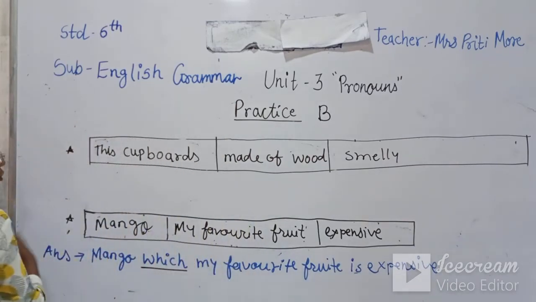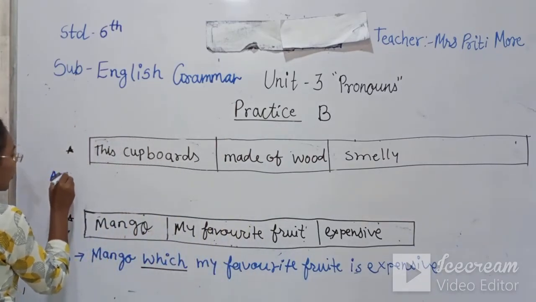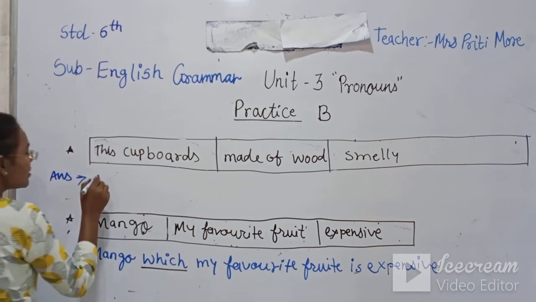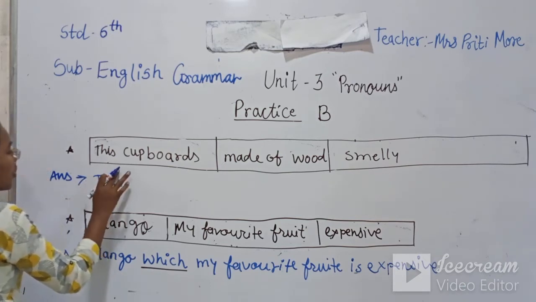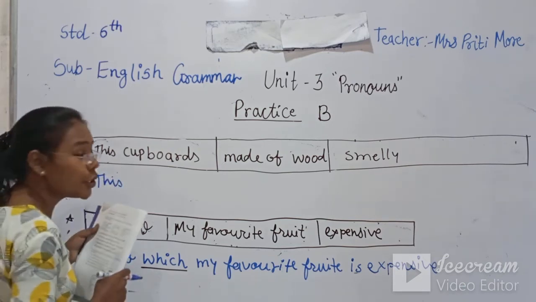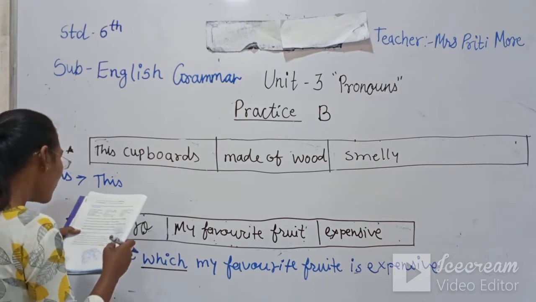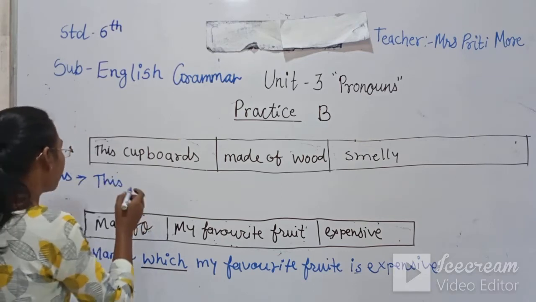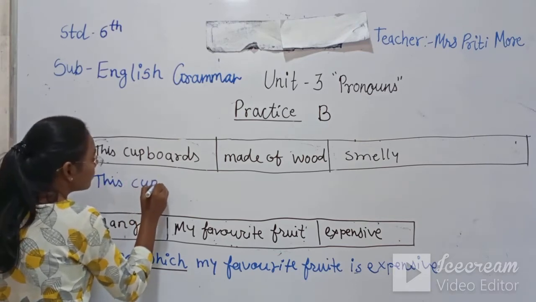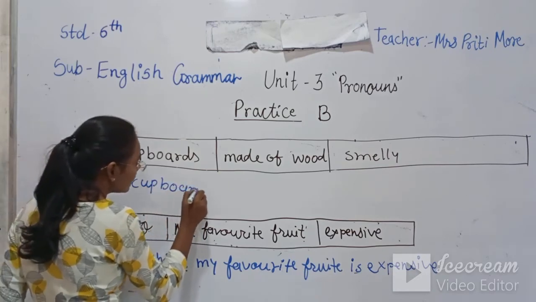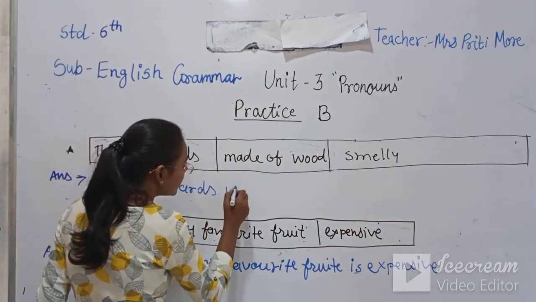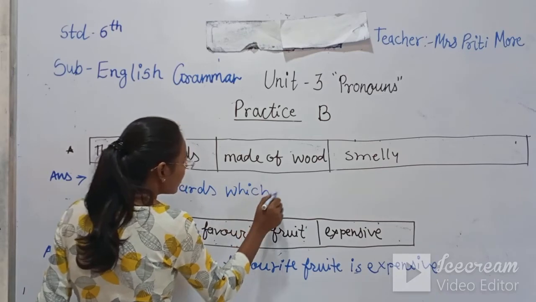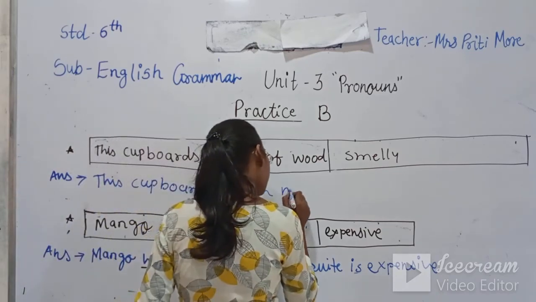Now again we have to use the appropriate relative pronoun. These cupboards means non-living thing, non-human being. So these cupboards which made of wood.